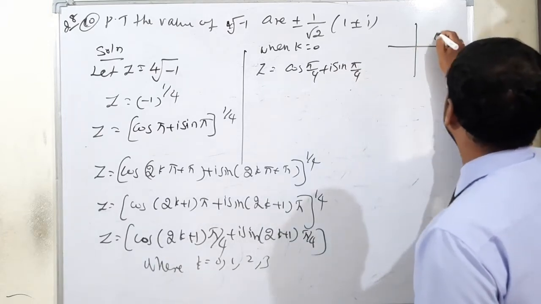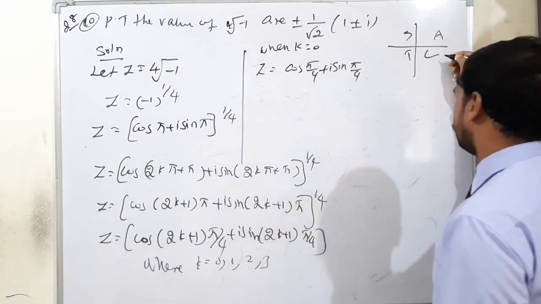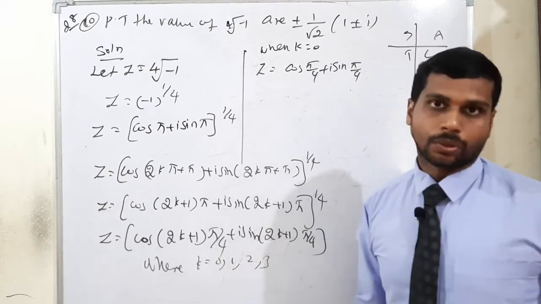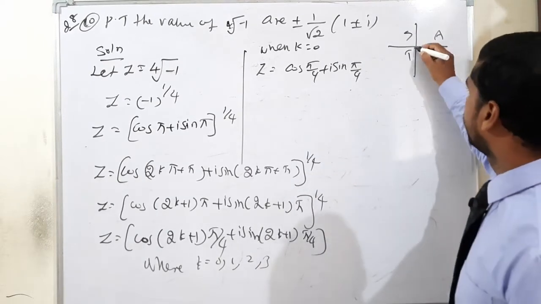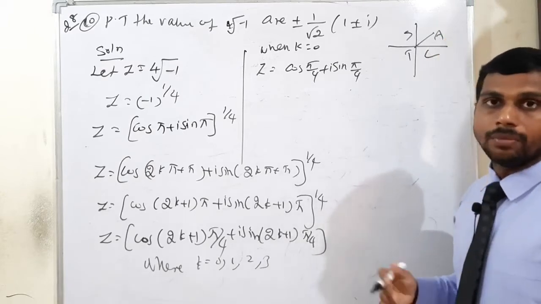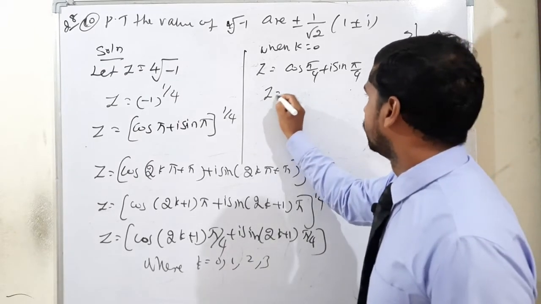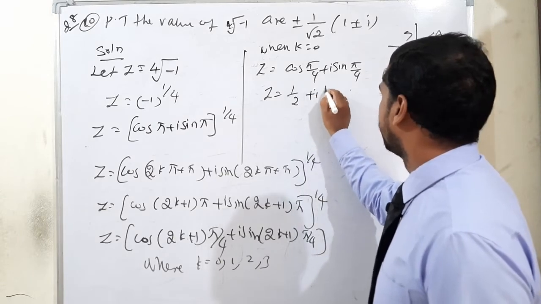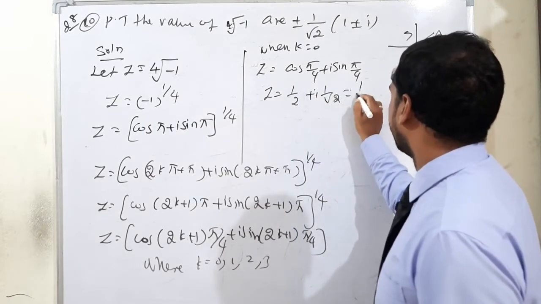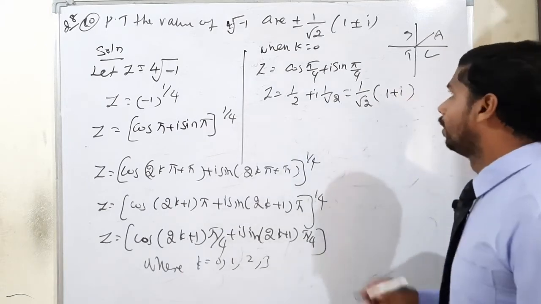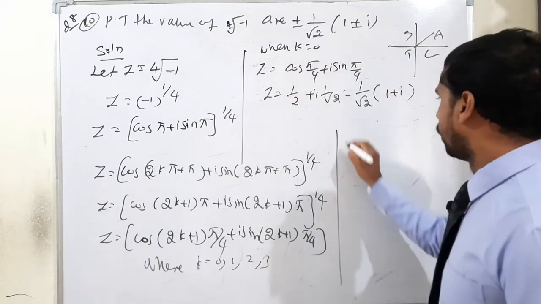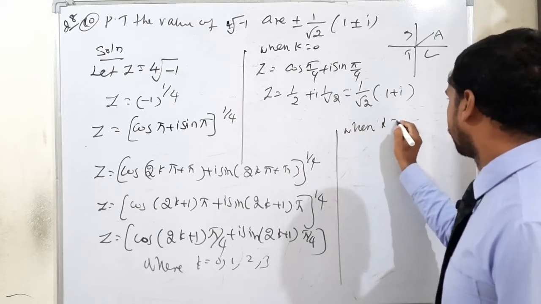From the unit circle, cos pi by 4 means 45 degrees, so we know it is 1 by root 2. 45 degrees lies in the first quadrant, and in the first quadrant all values are positive. Therefore z is equal to 1 by root 2 plus i 1 by root 2. Again taking 1 by root 2 common outside, we get 1 by root 2 (1 plus i). Then when k is equal to 1.